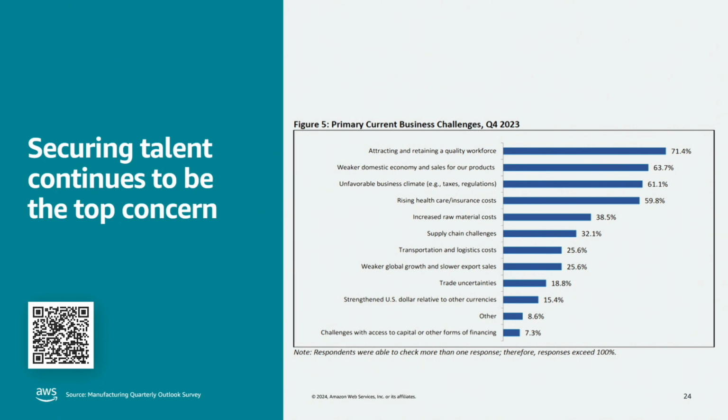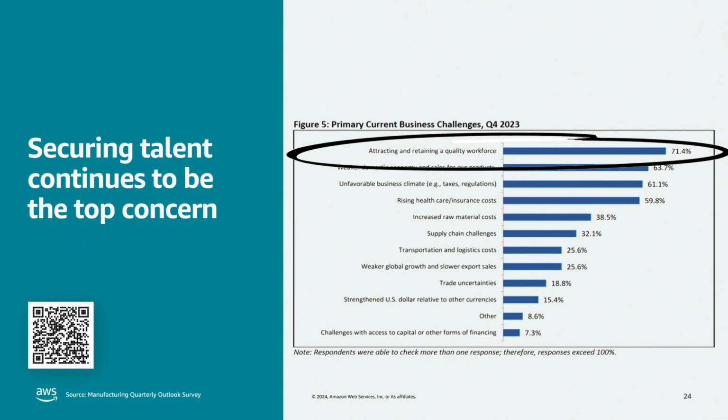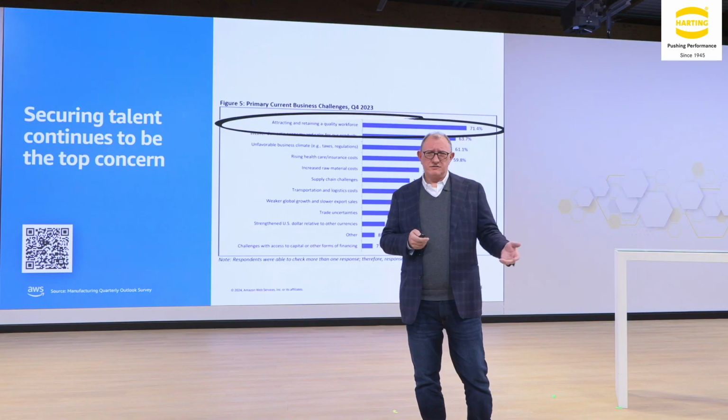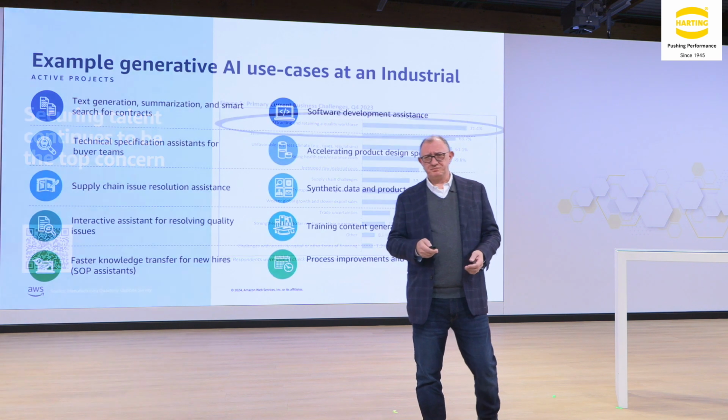And they do a survey of their CEOs every quarter for the last 10 years plus. The top priority, the top challenge that the survey identifies from the CEO level is talent, right? So accelerating people, accelerating them into their jobs, pretty important.